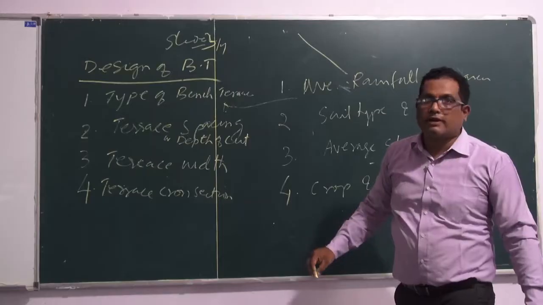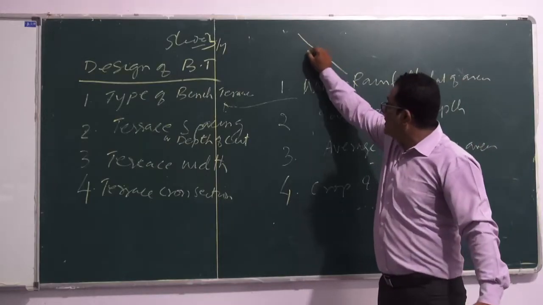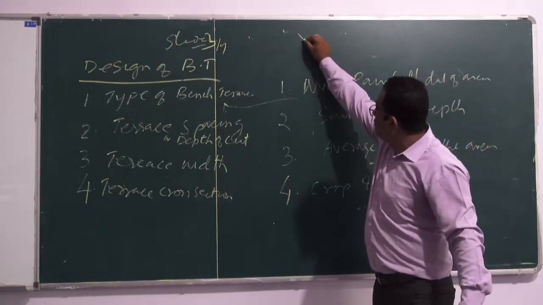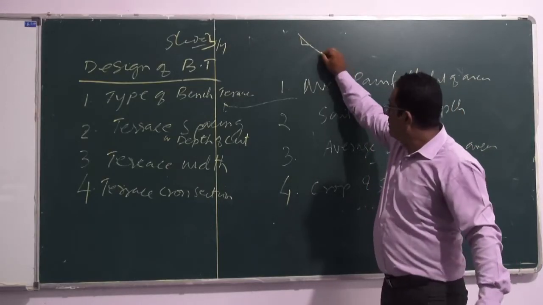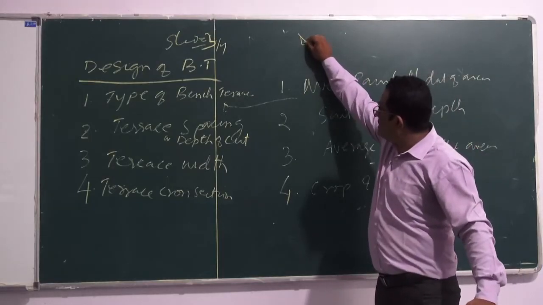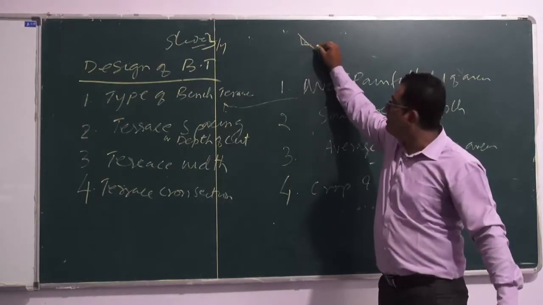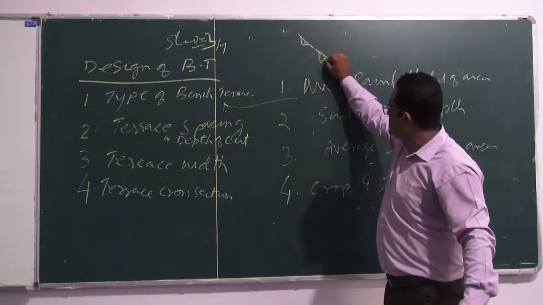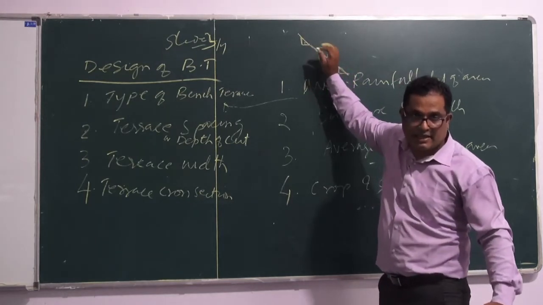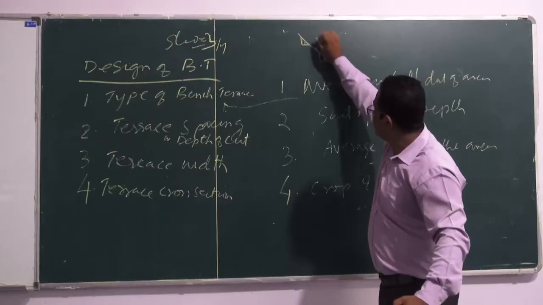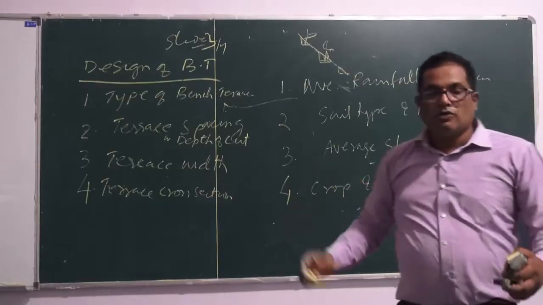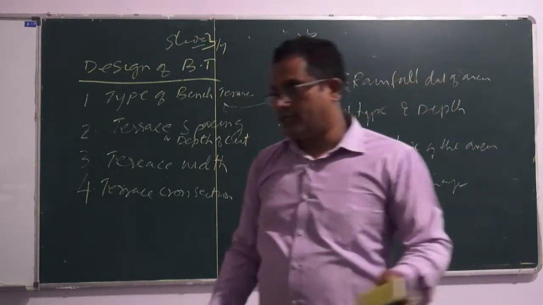If we have very steep land, going for benches across the board would be difficult. Here we go for hill type bench terraces. At the place where we have to plant any tree, we make small benches, leaving the other inclined area as such. Here we will be planting the tree. So depending upon the crop and the soil management, we can also decide upon the terrace cross section.